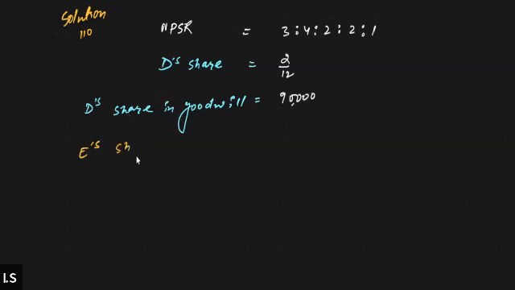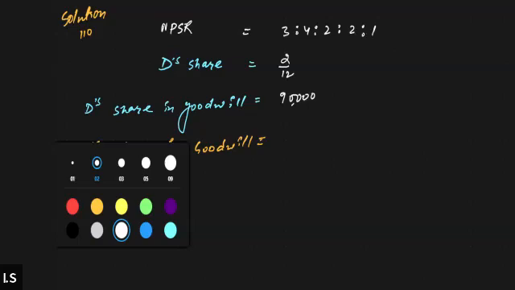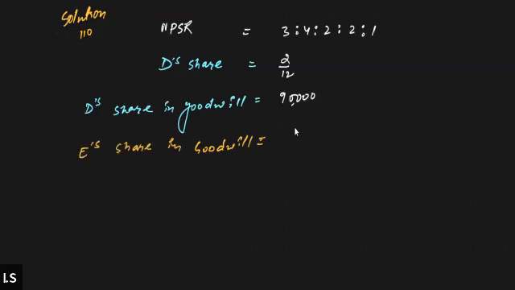How do we calculate E's share in goodwill? We will have to apply this formula. In order to determine E's share of goodwill, we should have an idea about the total goodwill of the firm. Then we will multiply it with E's share in the firm.